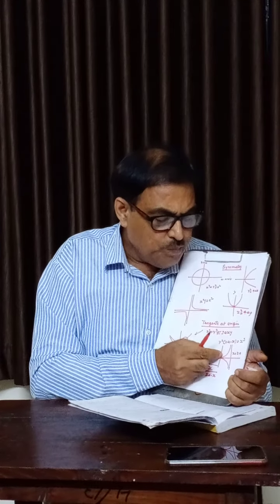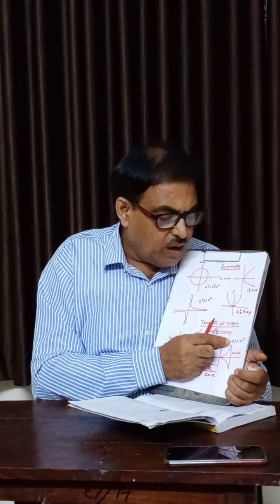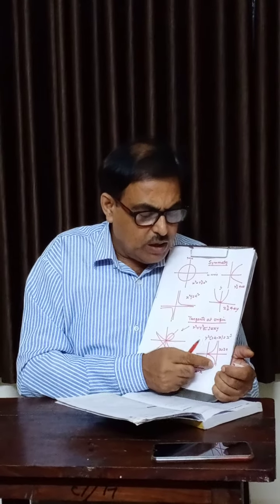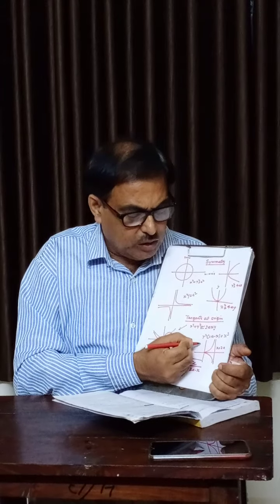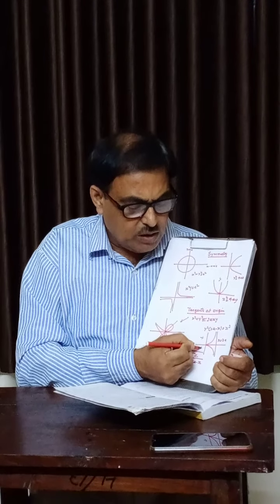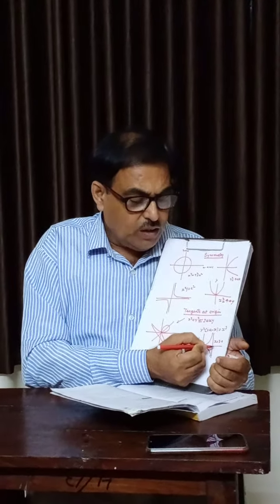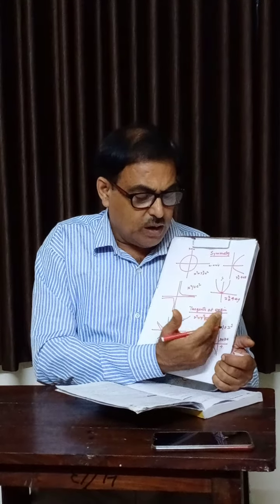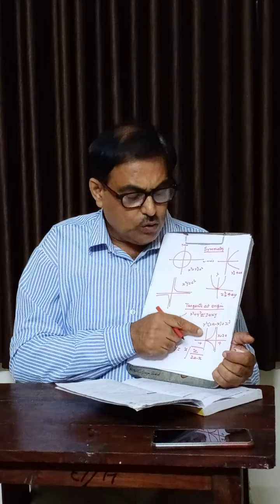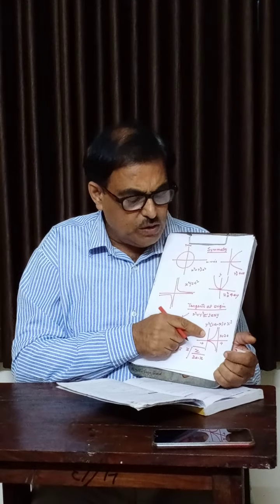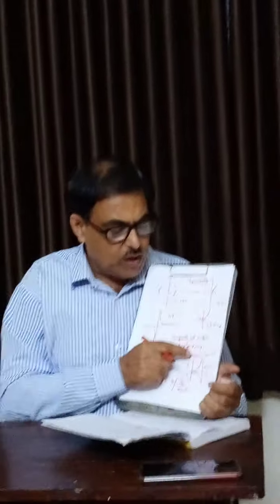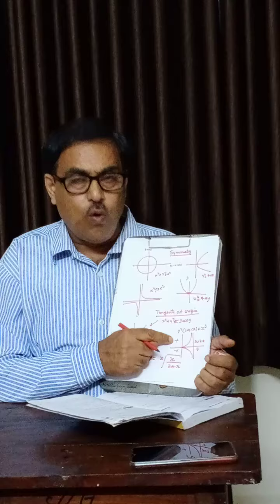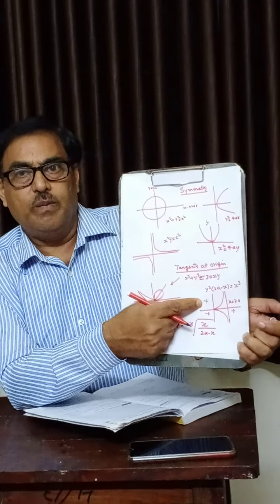So this curve will touch the line x is equal to 2a at infinity. In the second and third quadrant the curve does not exist, and for all values of x greater than 2a, the curve also does not exist. So the real shape and size of the curve y squared into (2a minus x) is equal to x cubed is shown as in the figure.